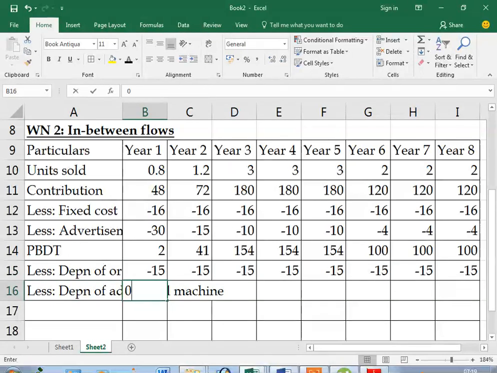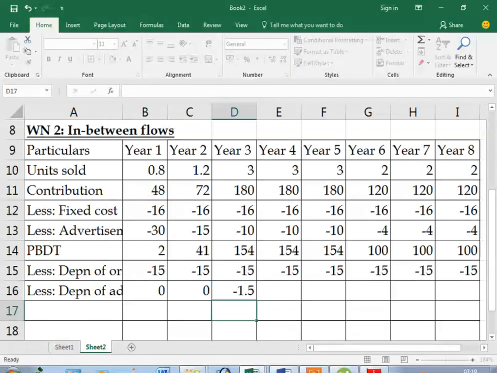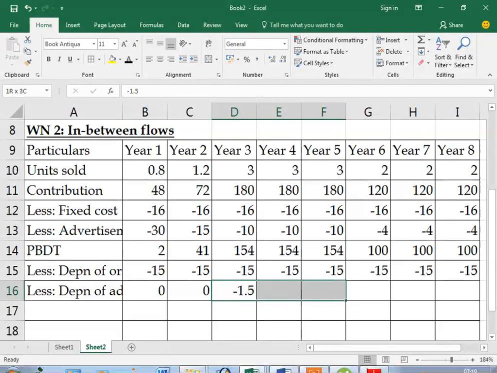Additional machine, year 1 no depreciation, year 2 no depreciation, you buy it in year 3. 10 lakhs minus 1 lakh divided by 6 years of life, which is 1.5 lakhs. 10 minus 1, which is 9 lakhs divided by 6.